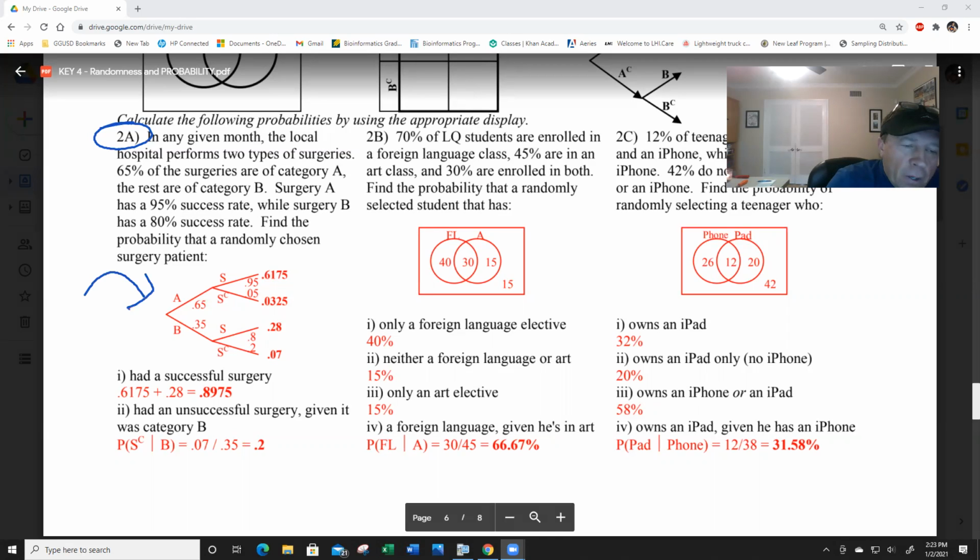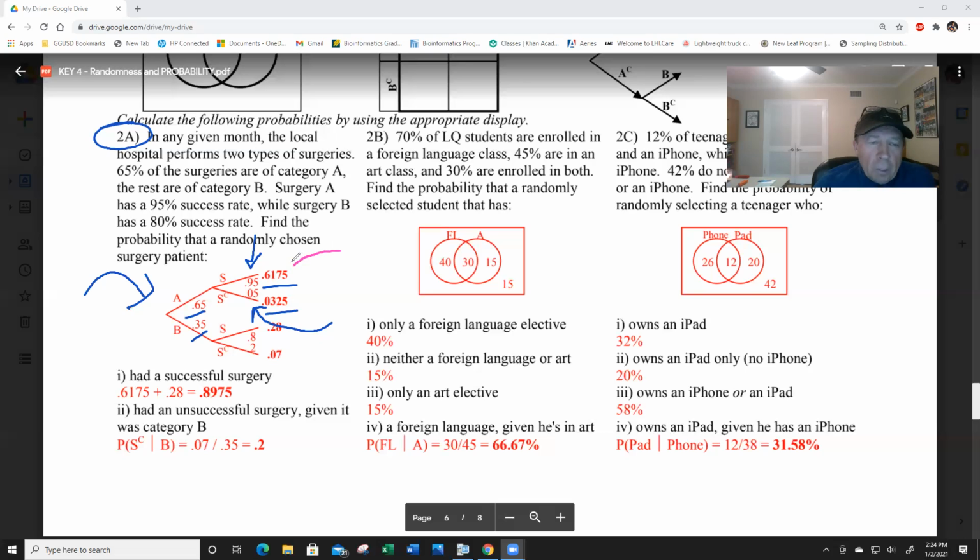Notice 65% are A, 35% B. That's the first step. Now, A success rate is 95%. Notice that 95 right there. And not successful would then be 5%. So if you multiply it out, let me change colors here real quick so you can see this pretty good.